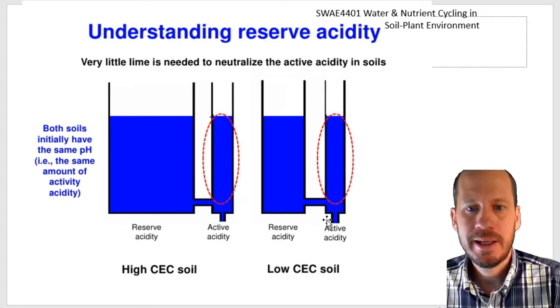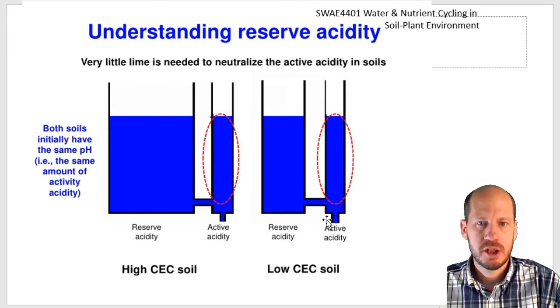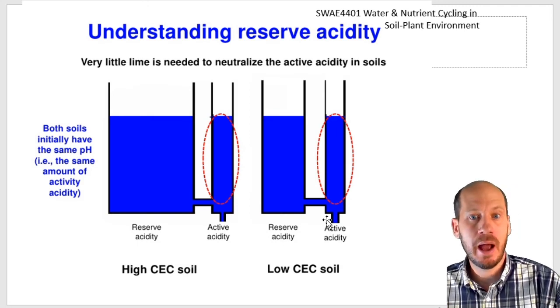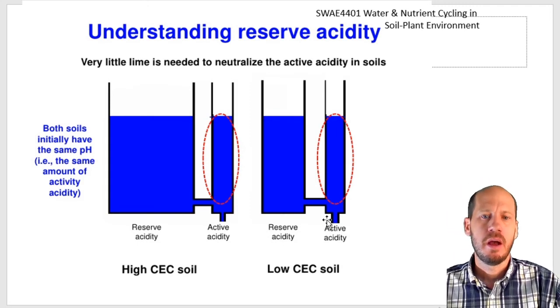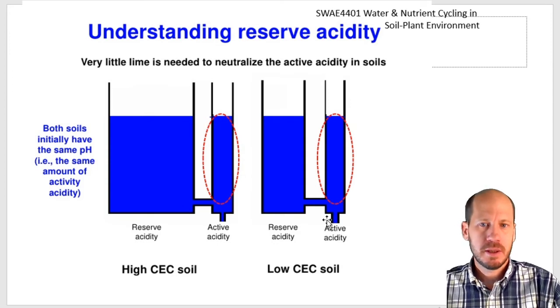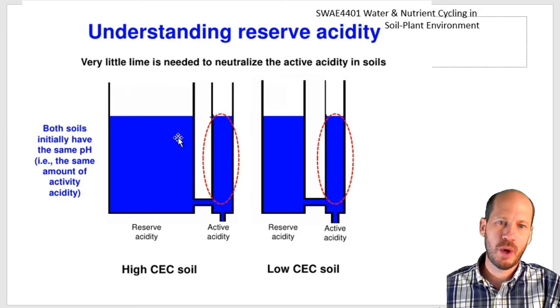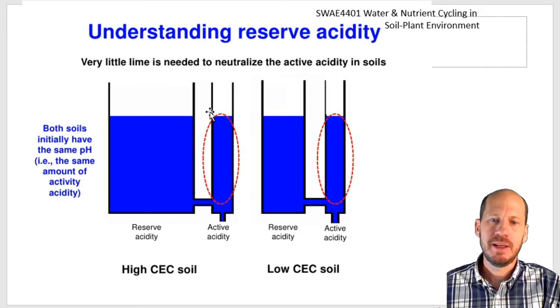The soil acts as a storage of nutrients, but also as a storage of hydrogen. Hydrogen is the ion that has the highest affinity with the solid phase. So think about the soil as this reservoir on the left, and the soil solution as the reservoir on the right.